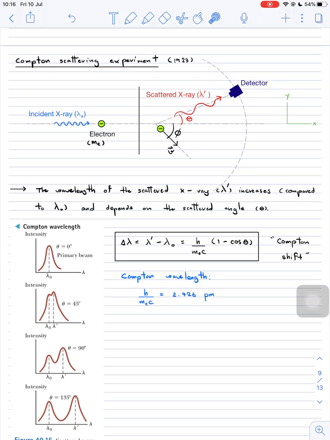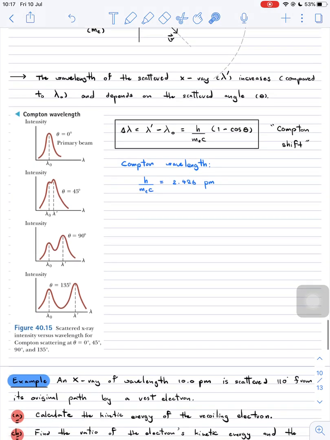If we have a detector at this position, we can move the detector on this circular arc, and this detector will make the angle theta to the point of the collision. Then we can measure the intensity of the X-ray as a function of the wavelength, and we have a graph that looks like this.